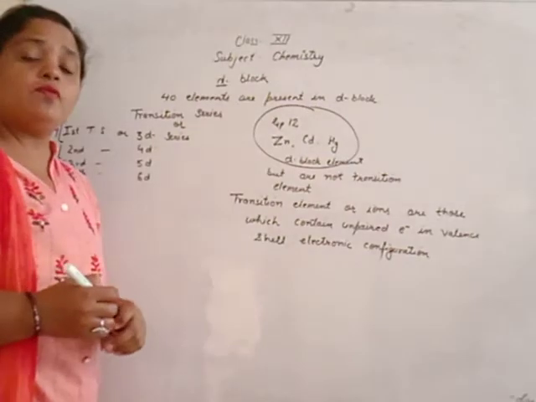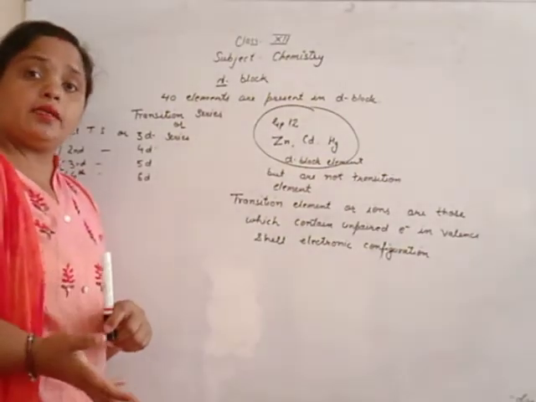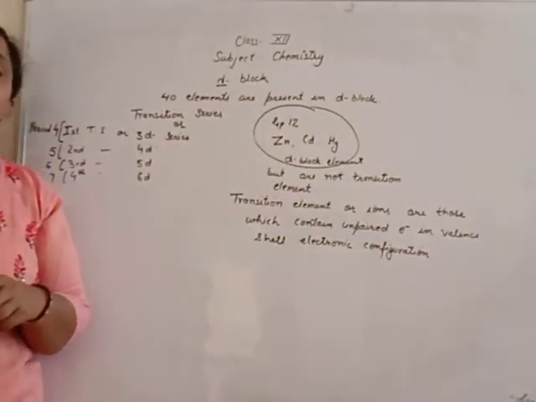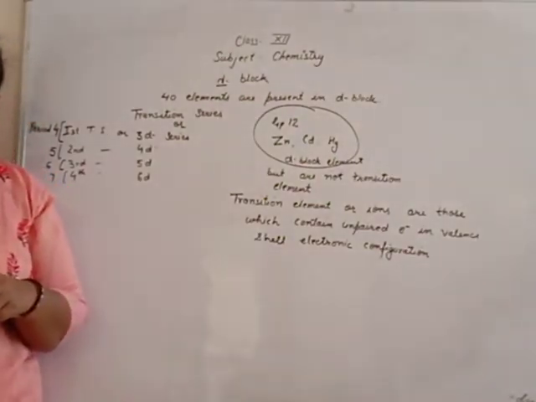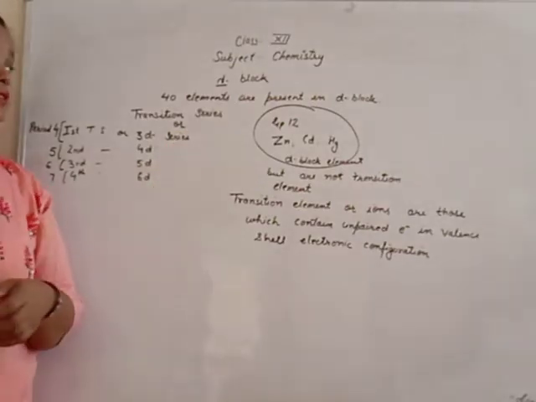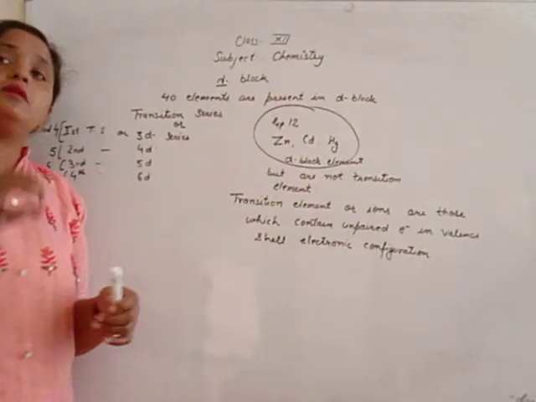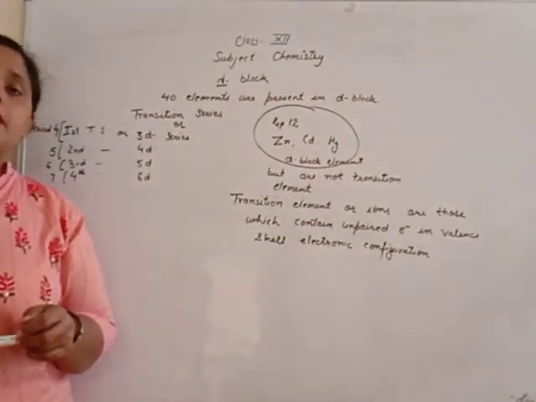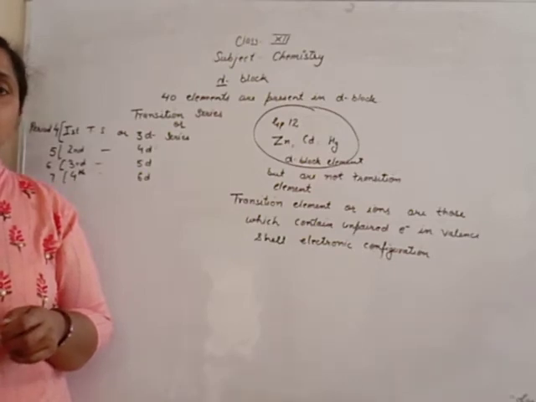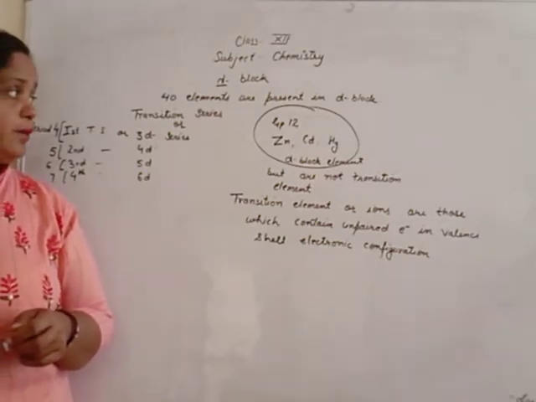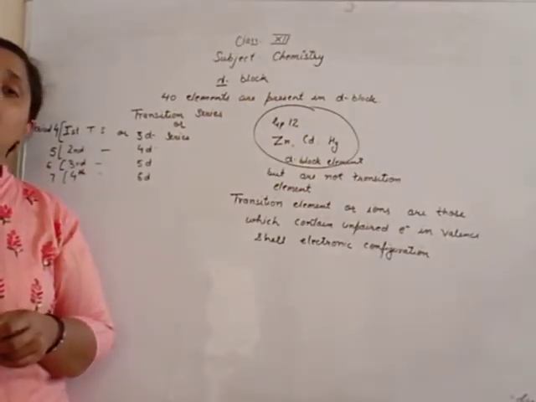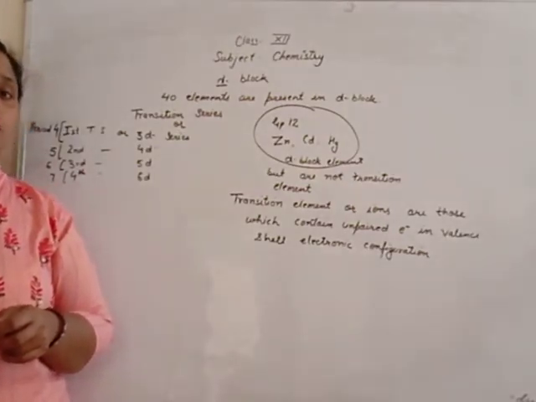If any element or ion does not contain an unpaired electron in the d orbital or valence shell, it is not considered a transition element. They are non-transition elements. What are the non-transition elements? Our direct answer is zinc, cadmium and mercury. Clear? Zinc, cadmium and mercury are non-transition elements because they do not have unpaired electrons in the outermost shell.